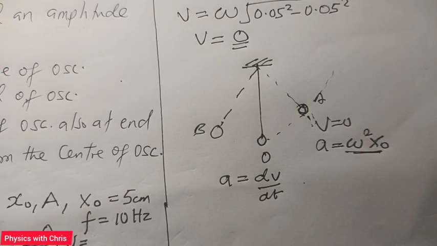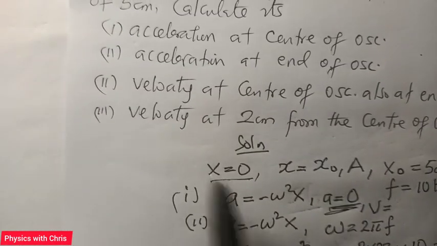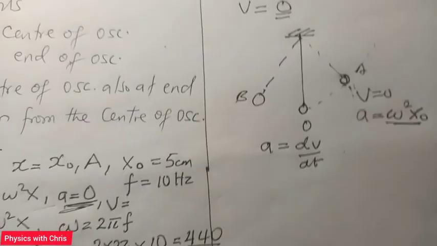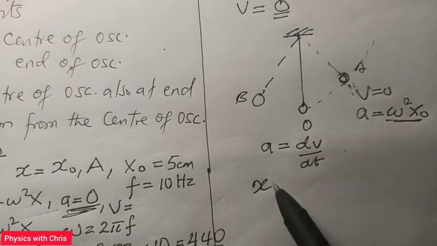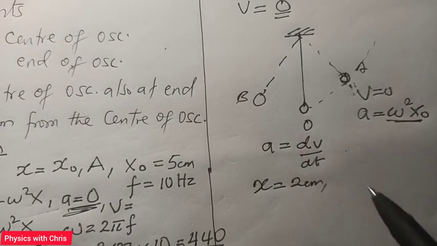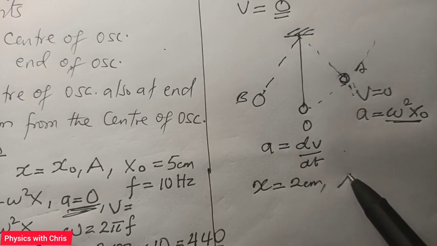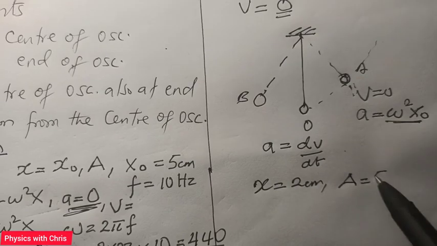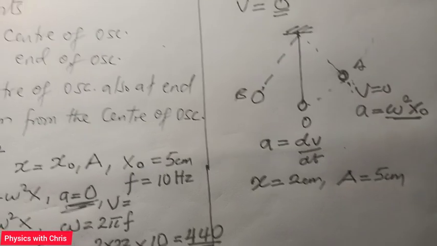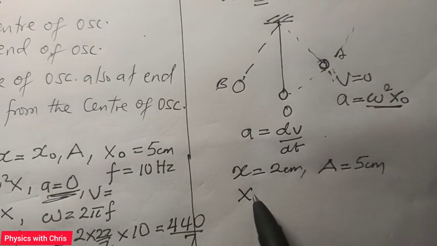The last question here says we should find the velocity of the body 2 centimeters from the center of oscillation. In that case, my displacement is 2 cm, and the amplitude, let me use A, remains 5 centimeters. I'm going to express these two values in the SI unit.